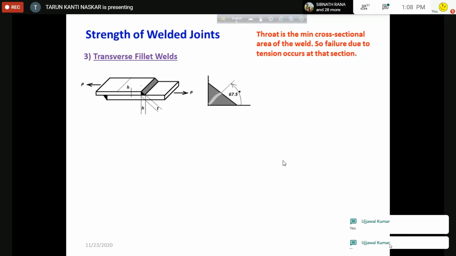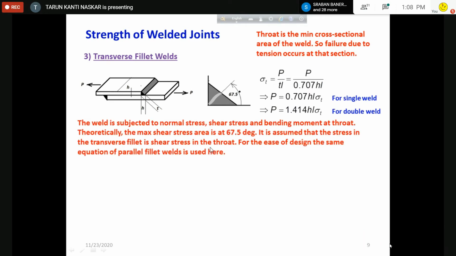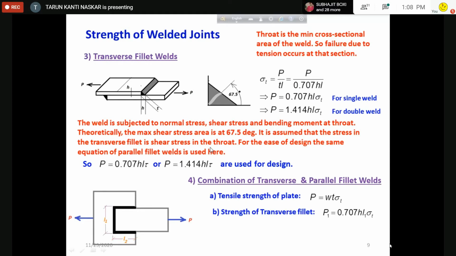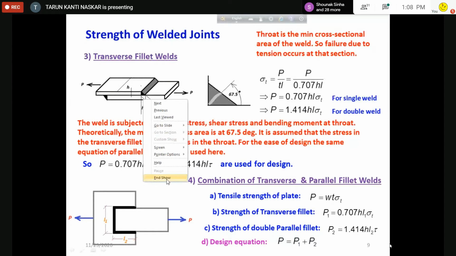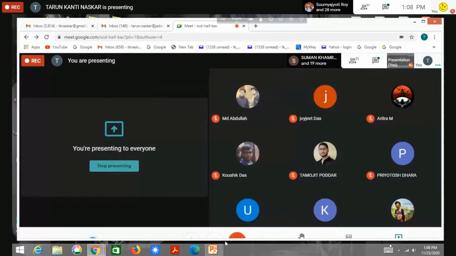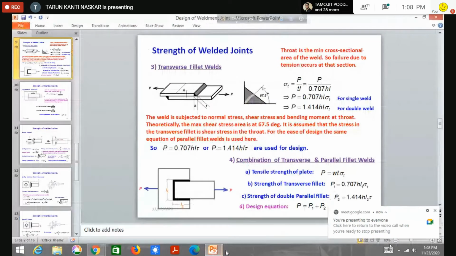Yes, sir. Okay. So we have discussed this slide in the last class. Up to this slide it was discussed, that is, the combination of transverse and parallel fillet welds.